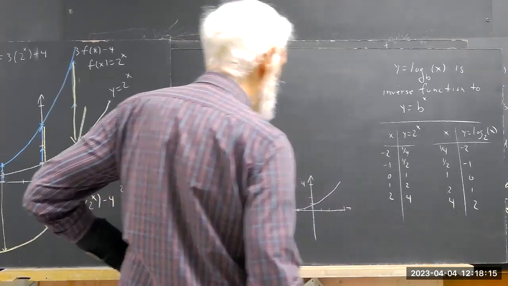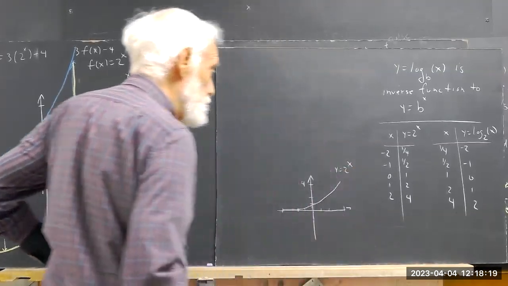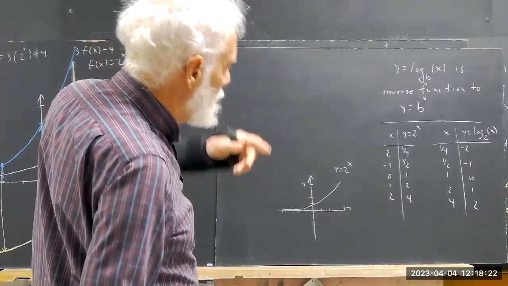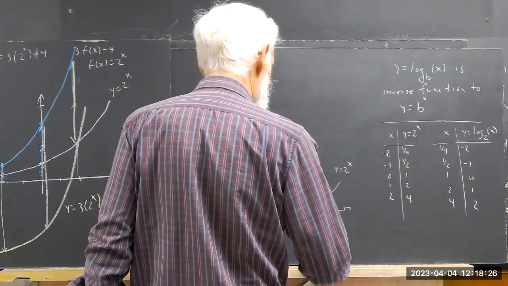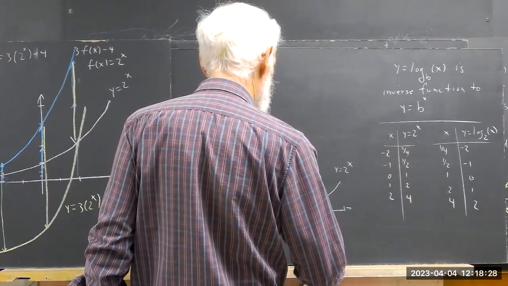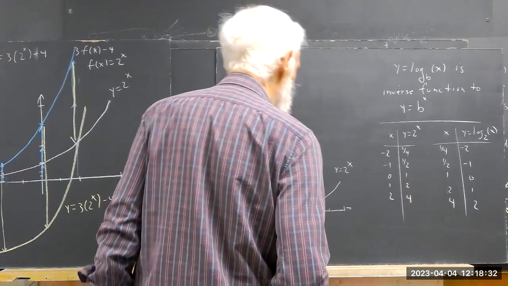f of our exponential function is going to look something like this. Now, if we grab these points, well, let's see, down here would be -4, so here would be -2.